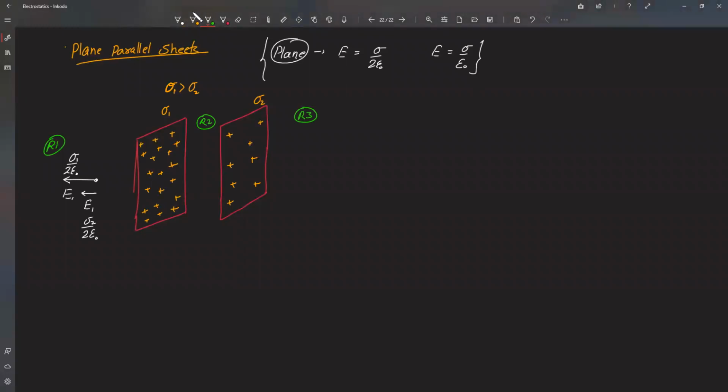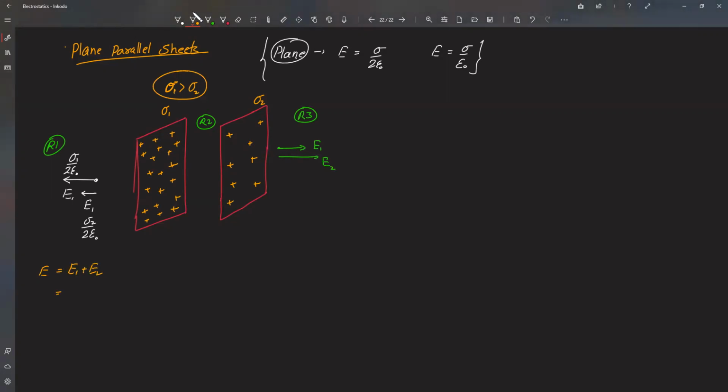Similarly, in region 3 also, they will be in the same direction. The electric field E1 and electric field E2 both will be in the same direction. So if you are finding the total electric field in this region, when both of them have the same nature of charge, both positive or both negative, with sigma 1 being greater, the electric field will be equal to the sum of these two electric fields.